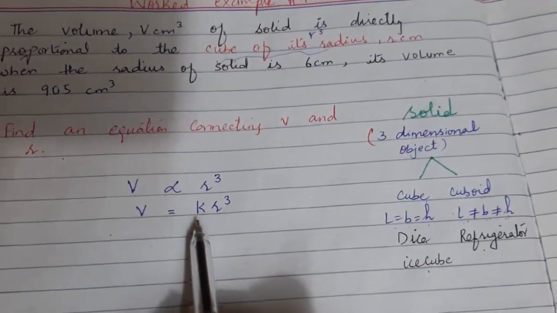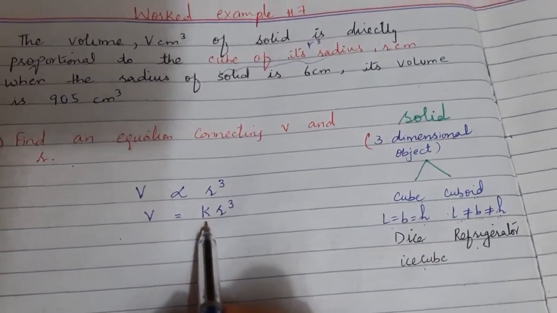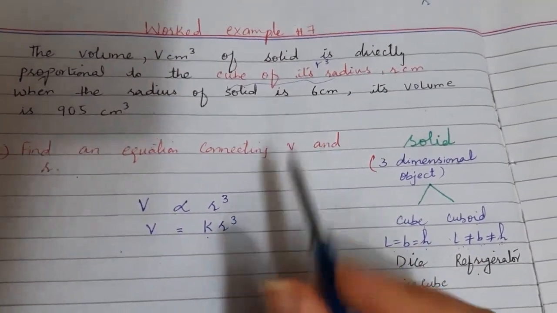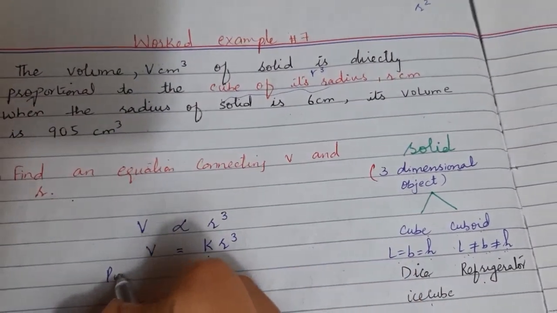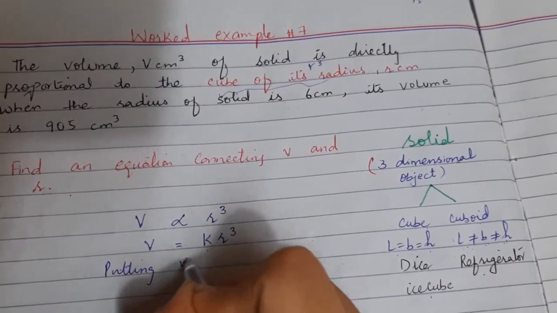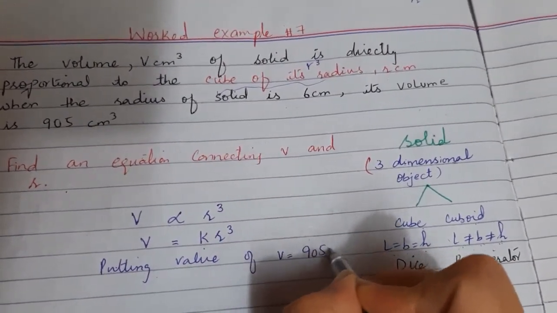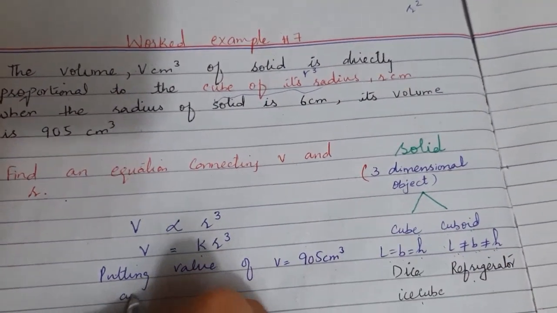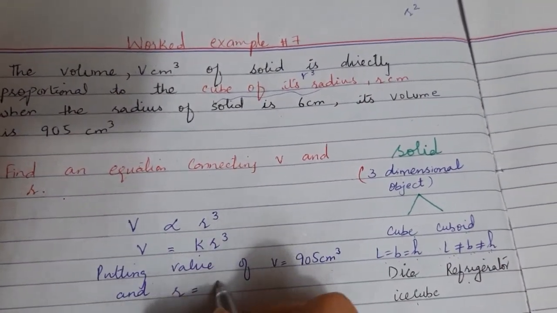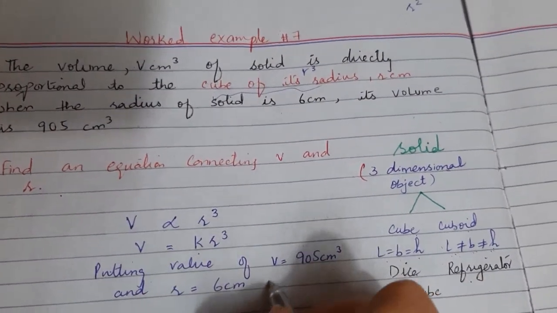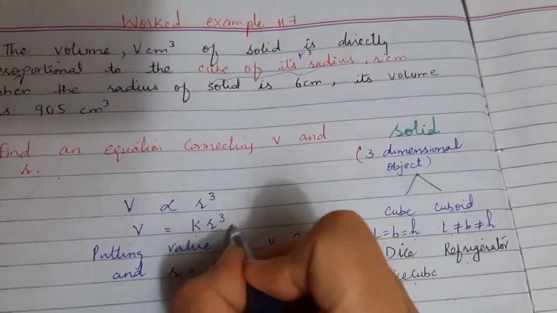So we have to find the value of k, and how can we find it? Here the radius is given to us, so putting the value of V, which is equal to 905 centimeter cube, and R, which is equal to 6 centimeter, in 1. What is 1? This is 1.